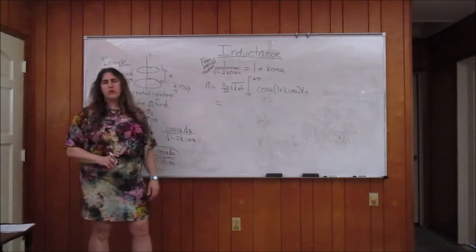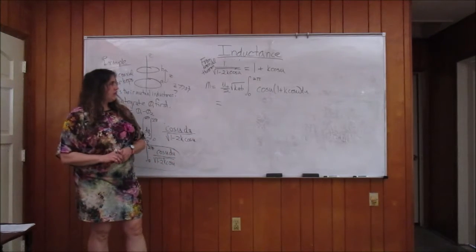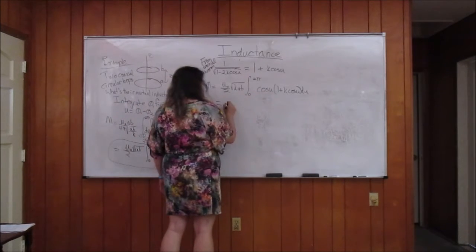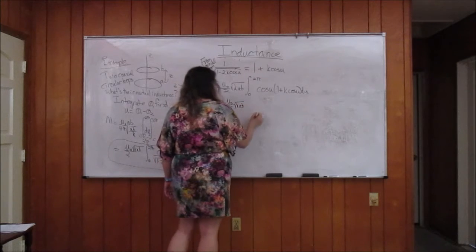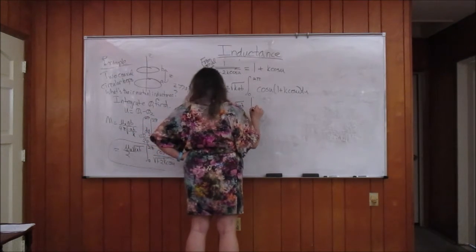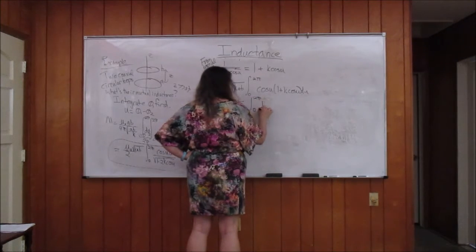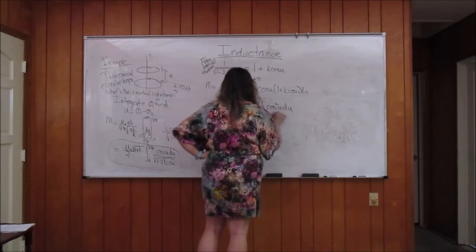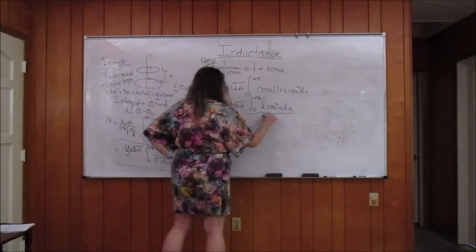Why? You take the integral of cosine u, that's going to give you a sine u, and the integral of sine u or cosine u from 0 to 2 pi is just 0. So that'll just leave the second term, which is just going to be equal to k times pi.